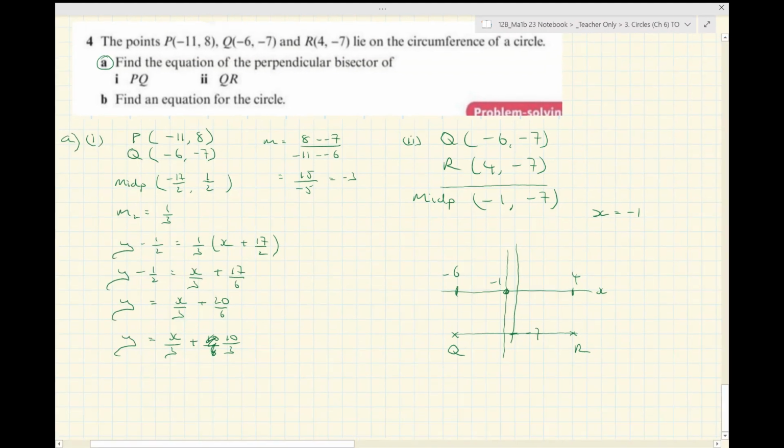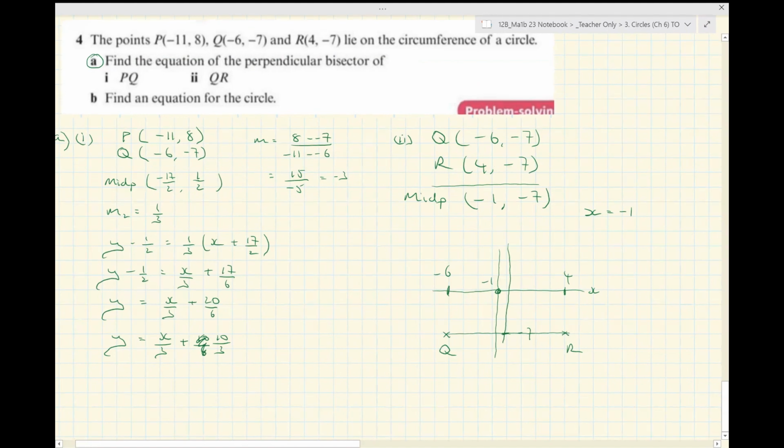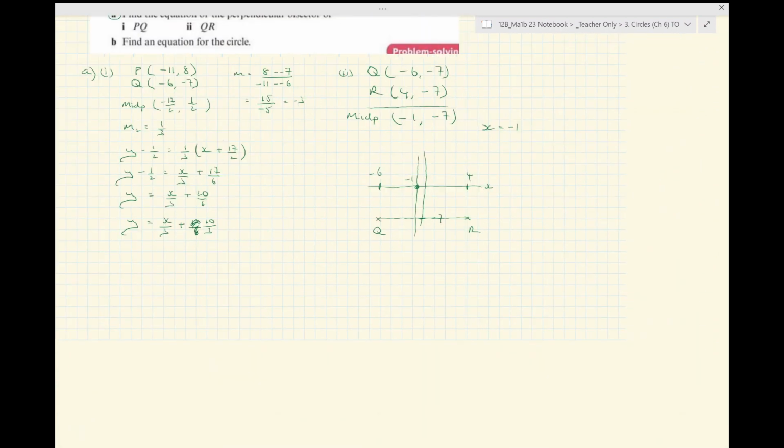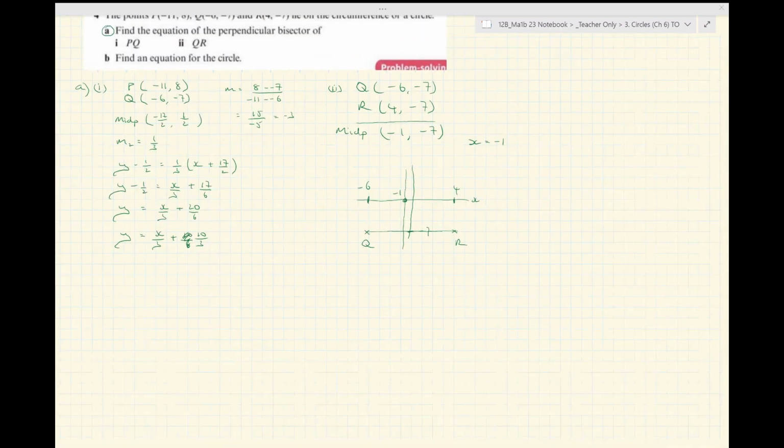So now I can go ahead and tackle part B, which is to find an equation for the circle. Now, to find an equation for the circle, I'm going to need to know the centre of the circle. How am I going to find the centre of the circle? Well, I've got two chords, and I know the equations of the perpendicular bisectors of both of those chords.